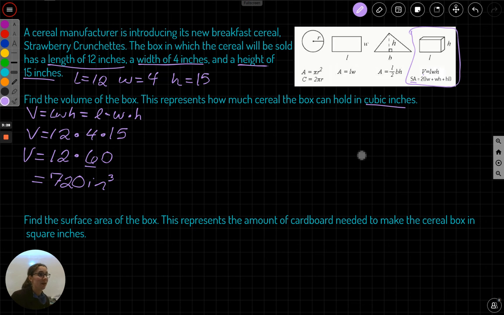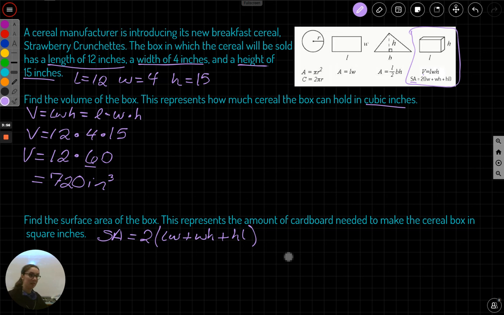Let's talk surface area. And I'm going to write down the formula before I move this up so I have more room. Surface area, the formula is SA equals 2 times LW plus WH plus HL. And that's because a rectangular prism is a box, right?